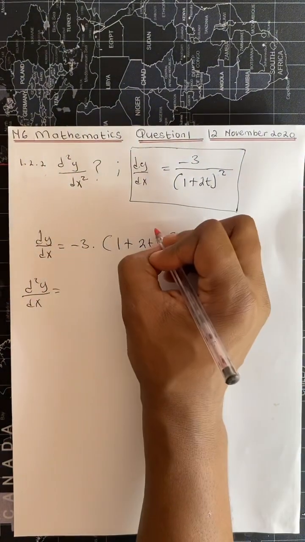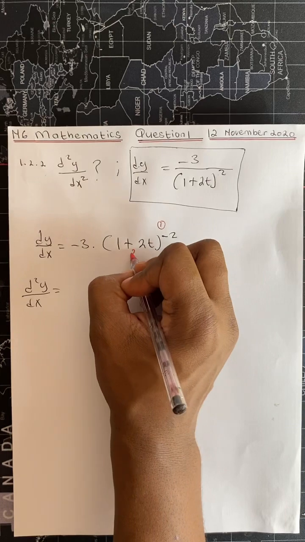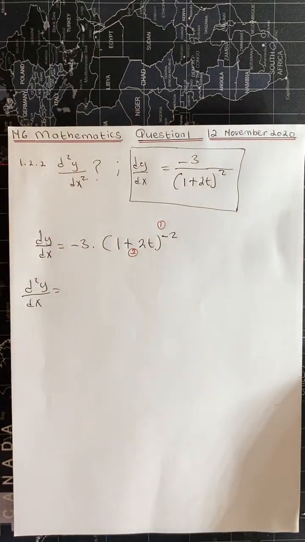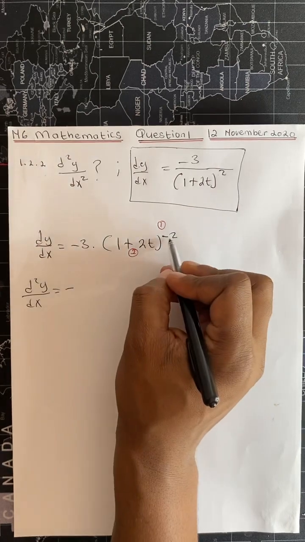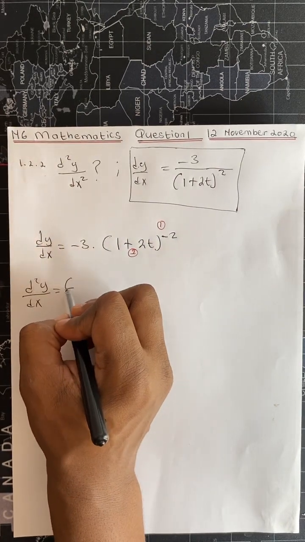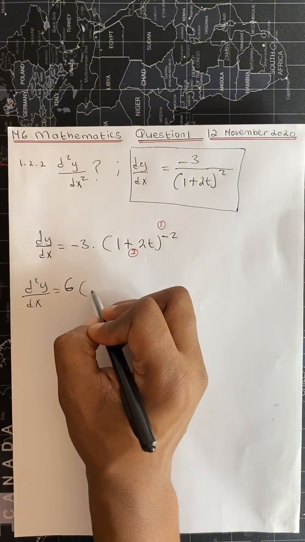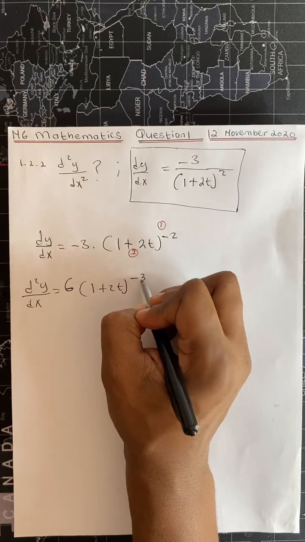Again, we first differentiate the parentheses and then we differentiate what's inside the parentheses. So the derivative of the parentheses will have negative 2 multiplied by negative 3, which will be equal to 6, times (1 plus 2t). Negative 2 minus 1 will be negative 3.